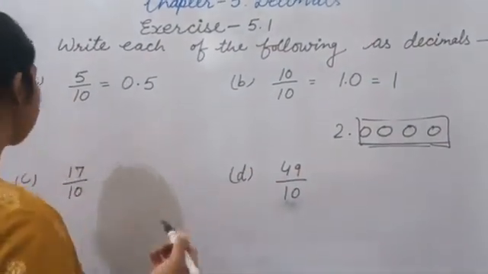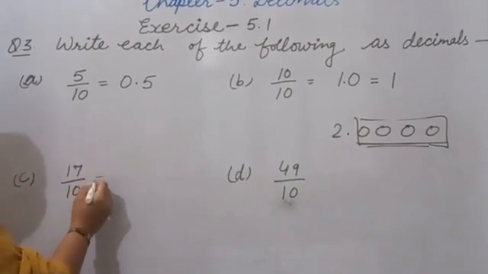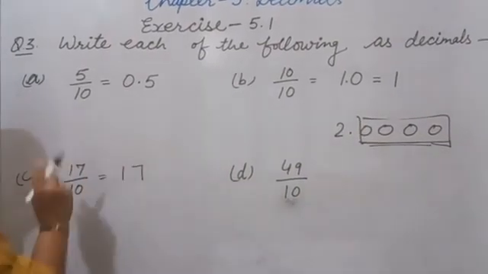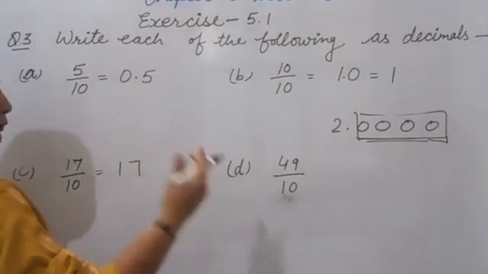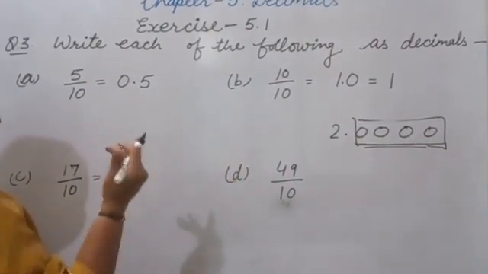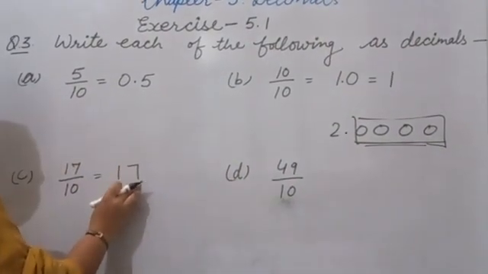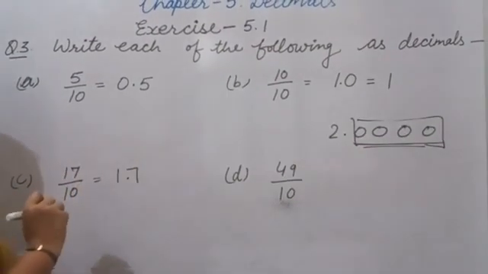Now next we have C part, 17 upon 10. So again we write the numerator as it is. Now 10 is there so after one digit, and we count one digit from the right hand side, not from the left hand side. So on the right hand side we count one digit, there is 7, after 7 we will take a decimal. Okay.